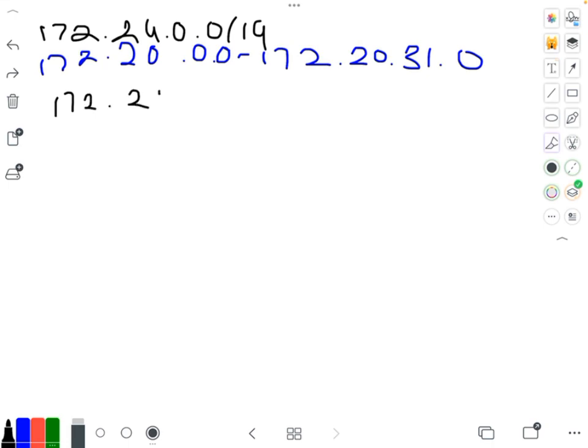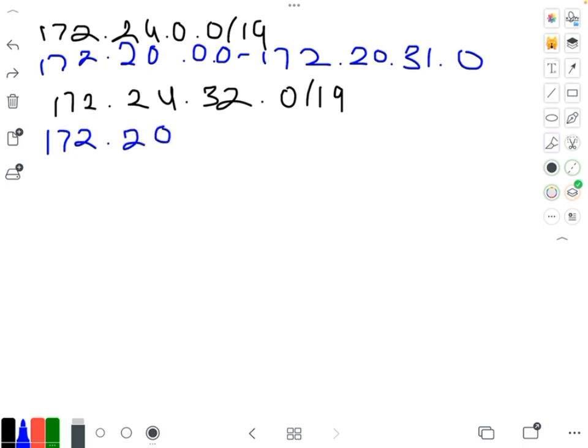Then we have our second subnet, 172.24.32.0/19, and then the range is 172.24.32.0, and that goes to 172.24.63.0.